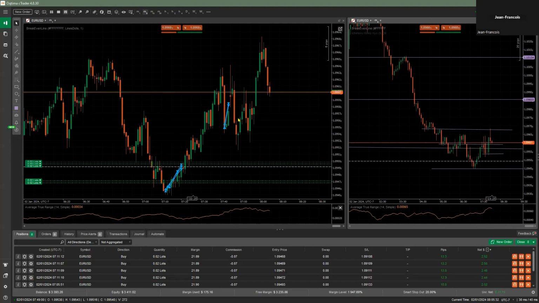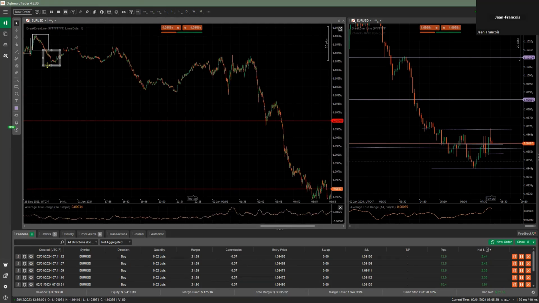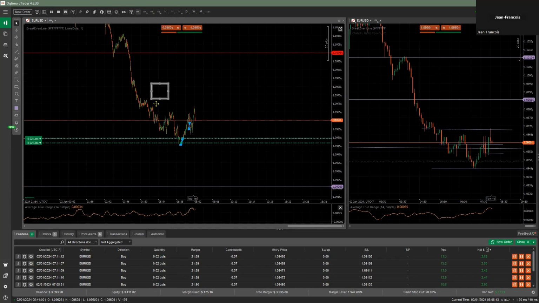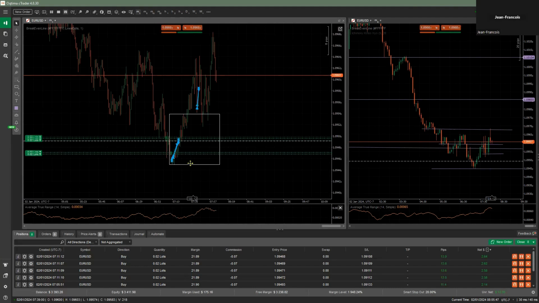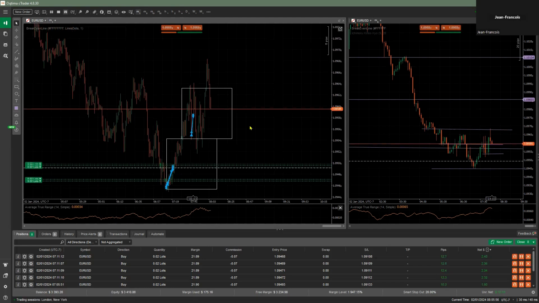In order for us to make our 3 pips, 3 pips, 3 pips, we have to pick up a box. And then start measuring what's already been happening. That's already 2 boxes off of the lows.